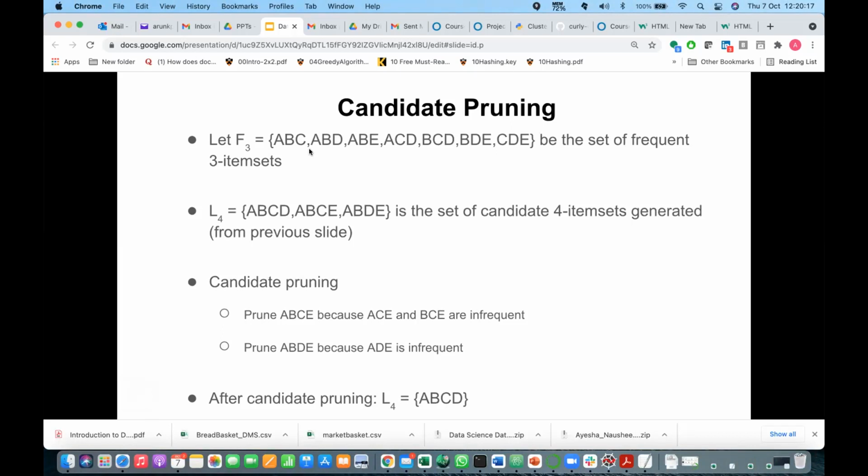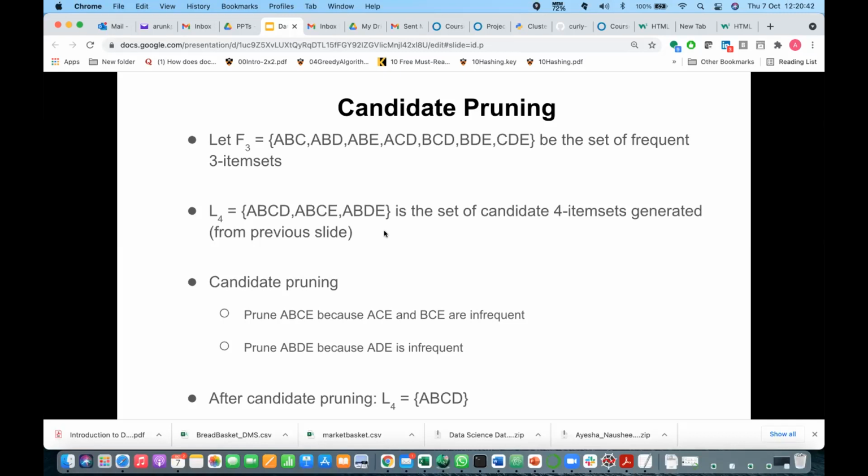ABC and ABE. And how are you getting ABDE? ABD and ABE. So you are getting this.